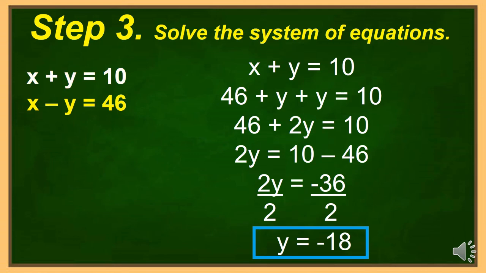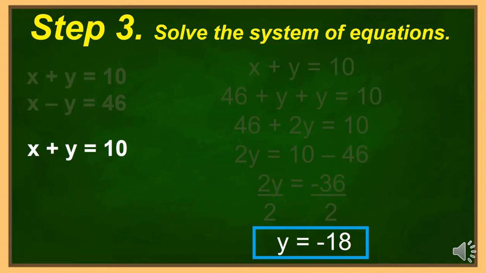So we now have x plus y equals 10 and y will be replaced by negative 18. In doing so, we now have x minus 18 equals 10. Again, y is being substituted by negative 18.